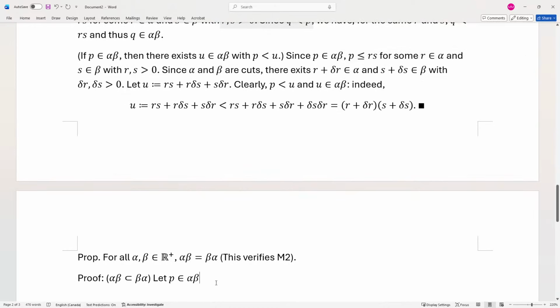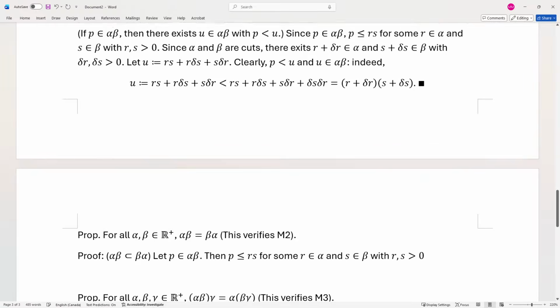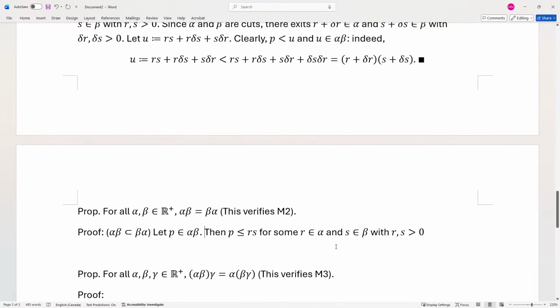So we can just copy this property we used a bunch of times. Then P is less than or equal to R times S for some R in alpha and S in beta, with R and S greater than 0. You can just swap the positions of these two elements, so this is completely trivial.